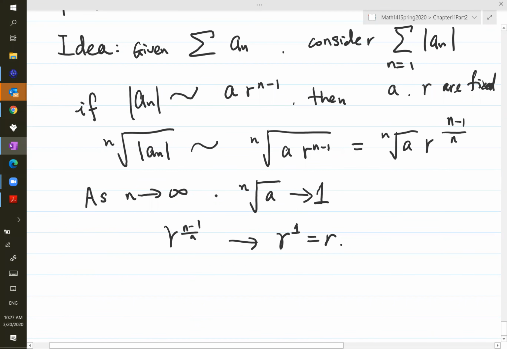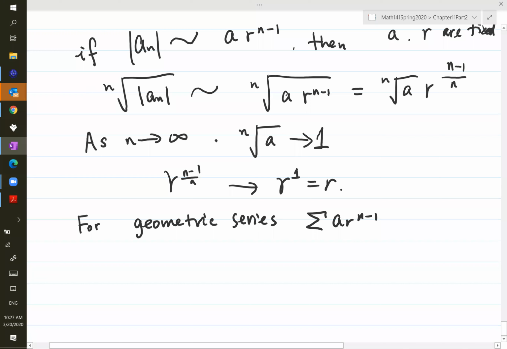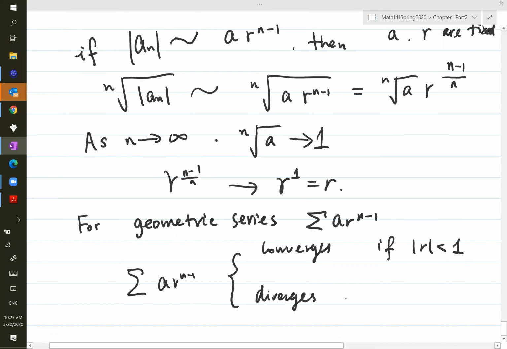Now we can use the geometric series. We know it converges if the absolute value of r is less than 1, and diverges if r is greater than or equal to 1.